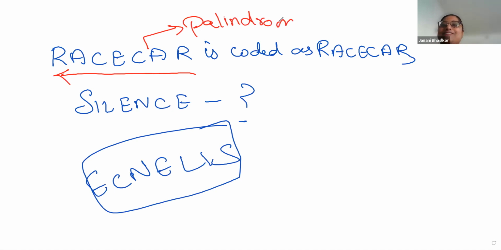Palindrome words are something which will be read the same even when read from the right side. So race car is coded as race car, not just by writing the same letters. Even when I reverse the letters, I get the same word, right? Now reverse the letters of silence, you get ECNELIS. So this is the answer. This is the way the word silence is coded.